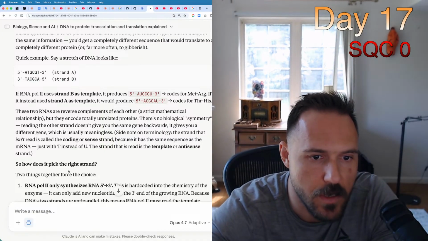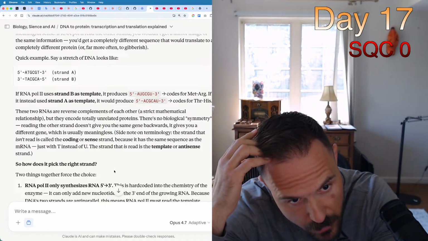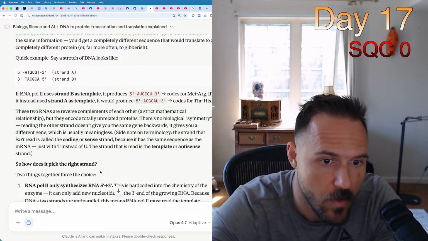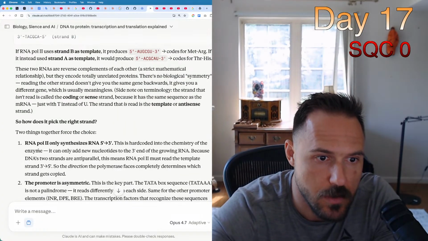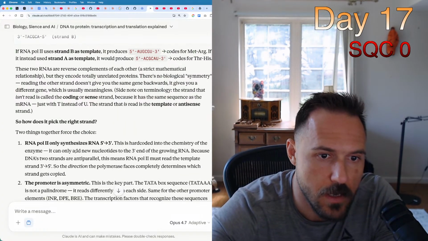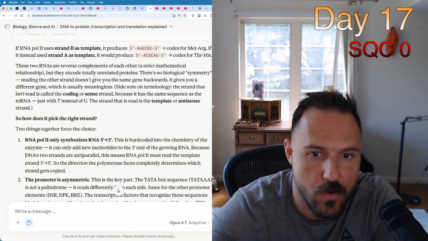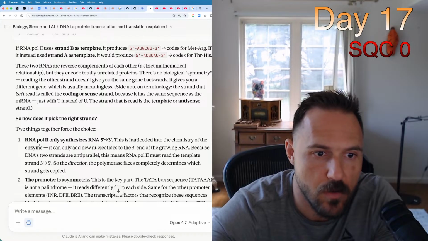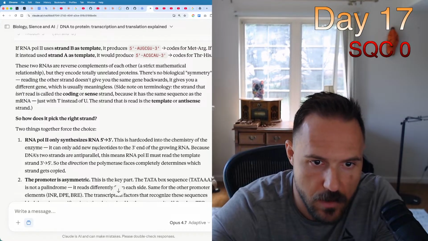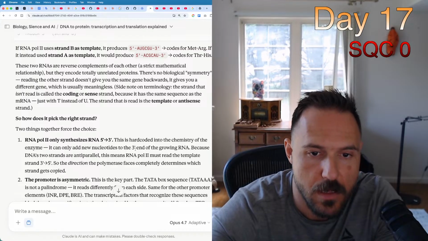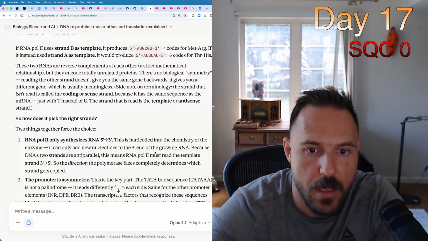So how does it pick the right strand? Two things together force the choice. RNA pol 2 only synthesizes RNA 5 to 3. This is hard-coded into the chemistry of the enzyme. It can only add new nucleotides to the 3 end of the growing RNA.